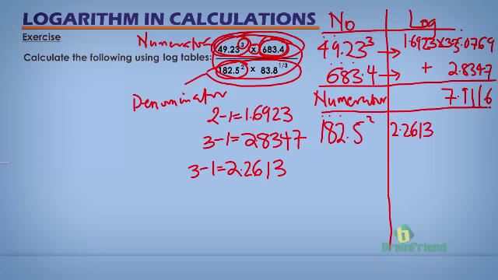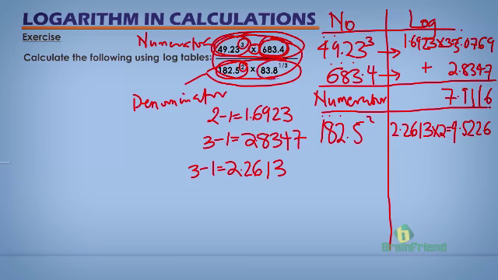Once again, remember that our number is raised to a power 2. It therefore means that we'll multiply our log number by 2. And that would give us 4.5226.